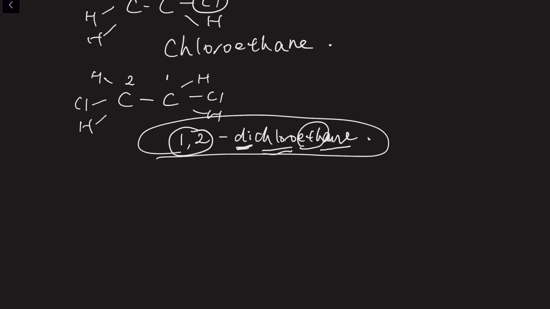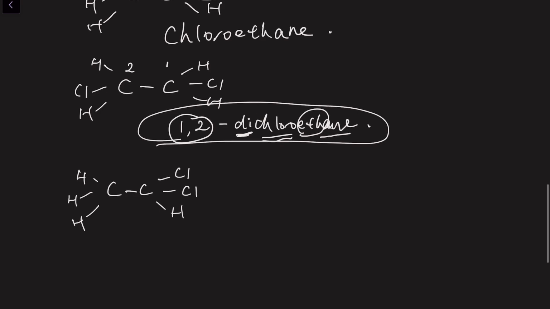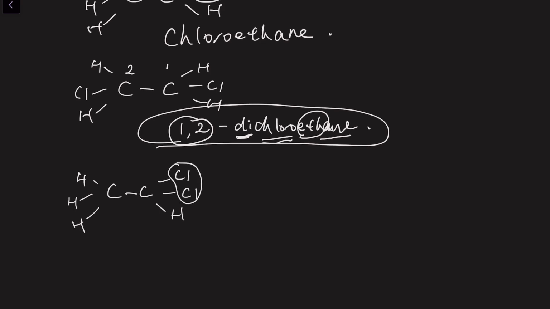Of course, there are some other possibilities as well. See if you can work out the name of this compound. It also has 2 chlorines, and the carbon chain contains 2 carbon atoms. So we know that it should be something like dichloroethane. But in this case, the positioning is very important.